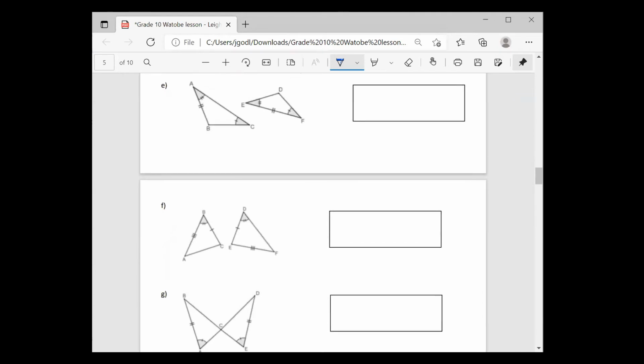Okay, again, your cases of congruency: side, side, side; side, angle, side; side, angle, angle; right angle, hypotenuse, side. Be careful, it could be none of them.